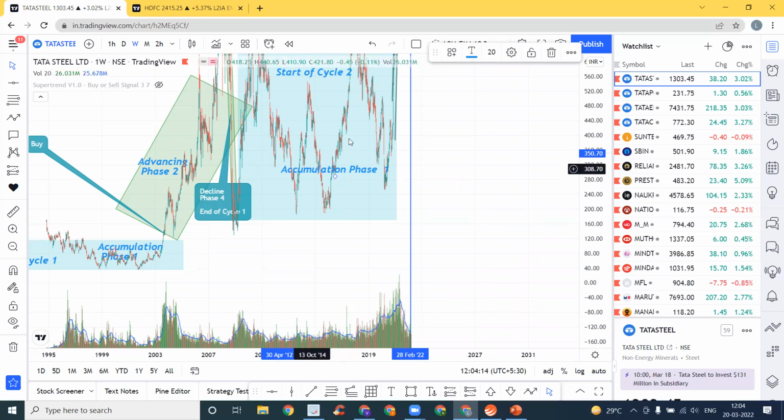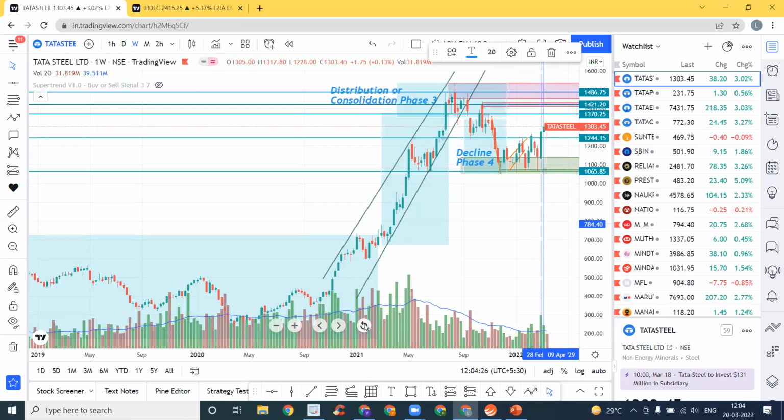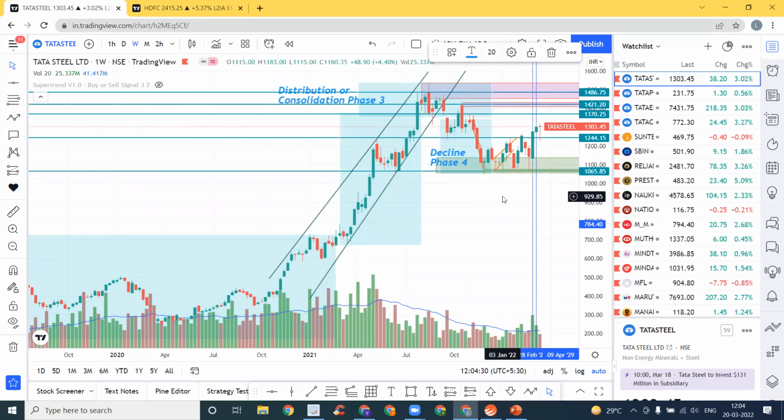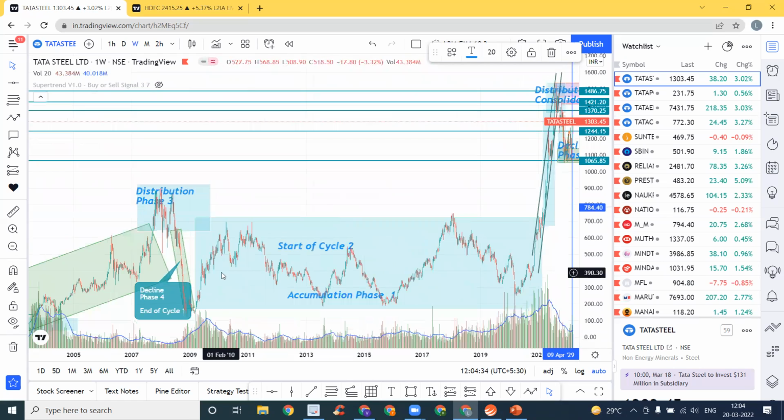Then my second phase started. ये accumulation है, पूरा accumulation हुआ 2009 से यहाँ तक.